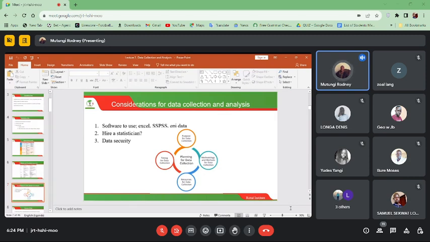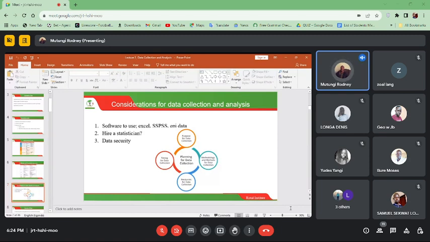So after you've collected the data, you clean it, and then you can do what we call coding, so that you attach the texts to numbers. If someone told you that they are married, there could be a number that you attach to married, so that this software package can analyze very easily, because these software packages deal with numbers.